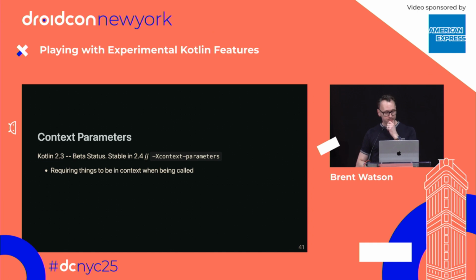Okay, so where these are useful, again, just something has to be in context when it's called. It also makes sense for scopes. Some of their examples talk about DSLs. A good example I saw was if you had an infix function for each month on Int, then you could have a DSL that's like 10 March 2025.